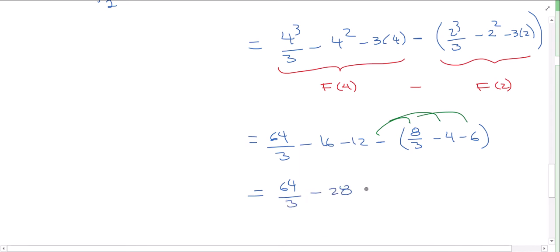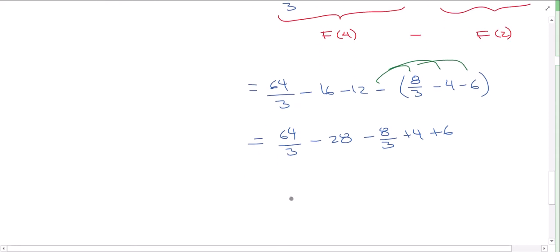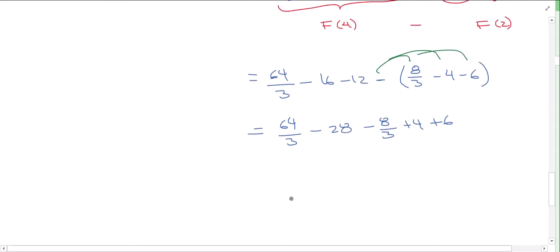Minus 28, and then minus 8/3 plus 4 plus 6, which is really plus 10. So let's see, what's 64 minus 8? 64/3 minus 8/3. Since those already have the common denominator, I'm going to combine those, which will give me 56/3, and then negative 28 plus 10 really is minus 18.